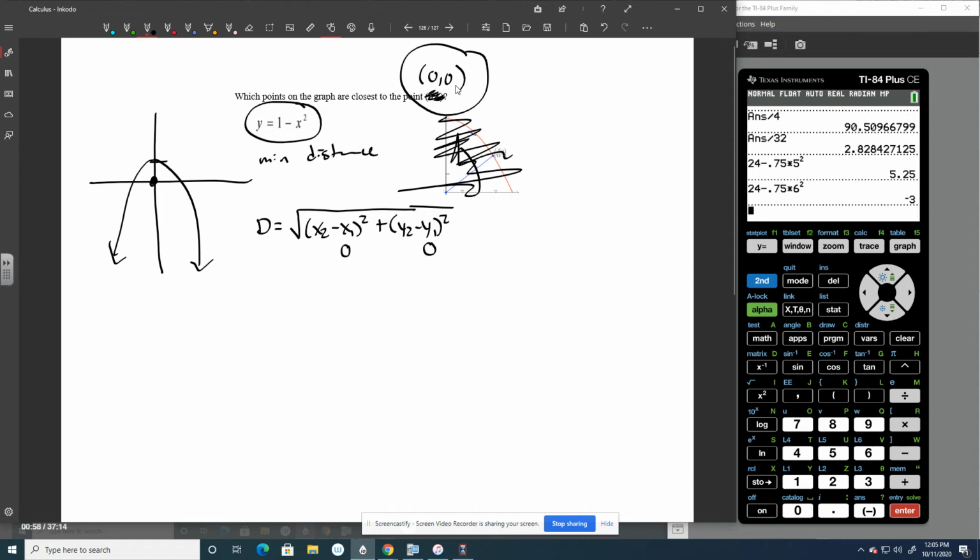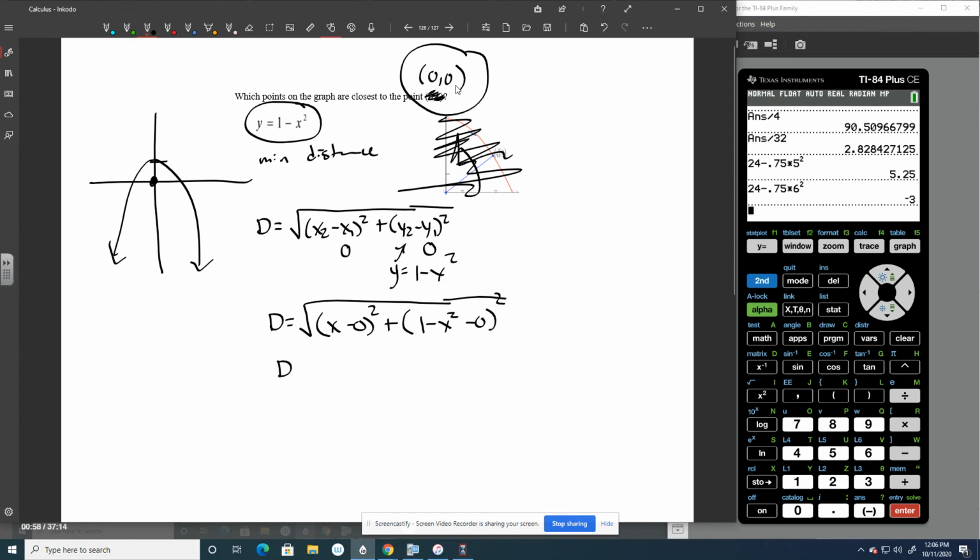So I know what y is equal to, so I'm just going to plug that in right here. This x can stay my variable. So my distance equals the square root of my x2, which just becomes my regular x minus 0 squared, plus my y2, I plug in that 1 minus x squared, and then minus 0 squared.